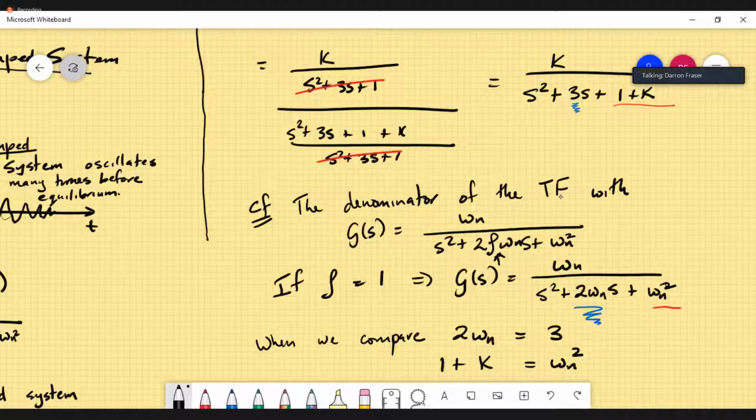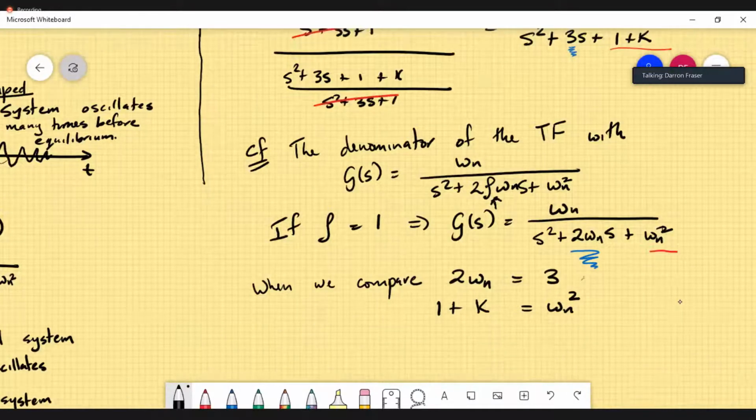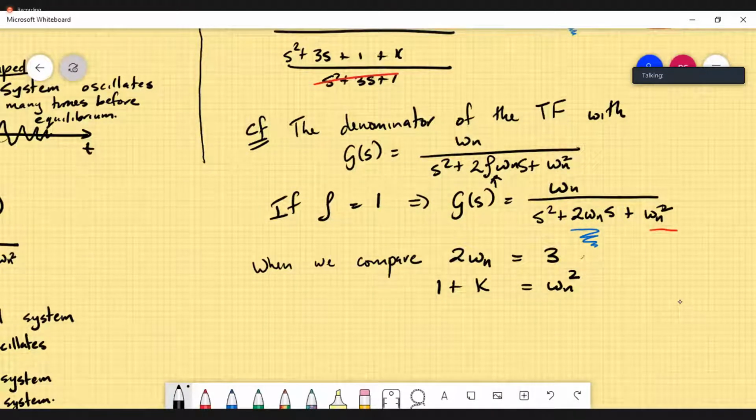So we can use this to find our omega n and our k. So this implies omega n is equal to 3 over 2.